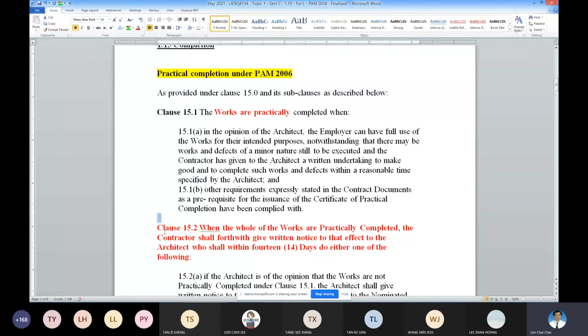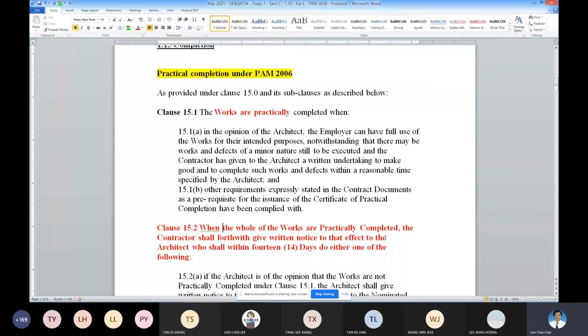Without this first step, the completion certificate will never be issued by the architect. Because how come the architect is so busybody going to issue the certificate of practical completion to the contractor when the contractor didn't even ask for it?